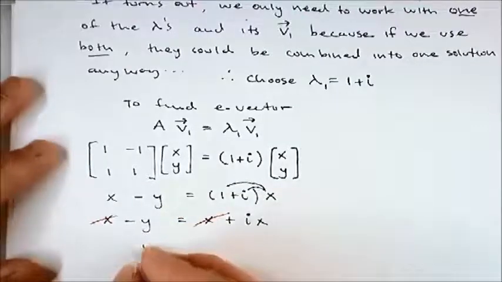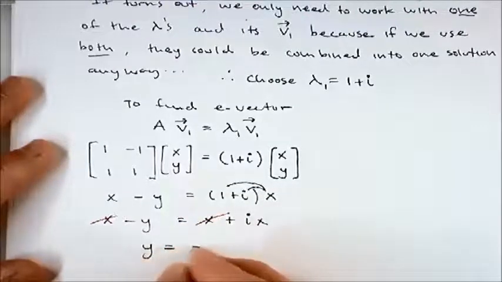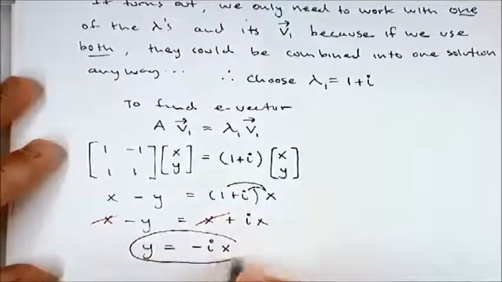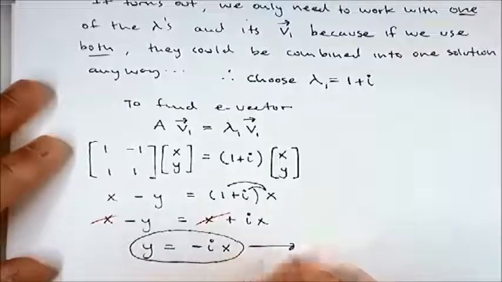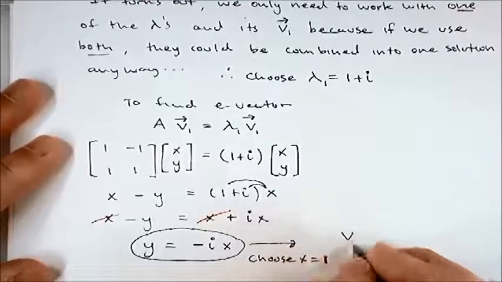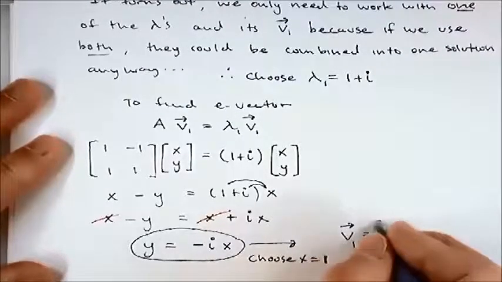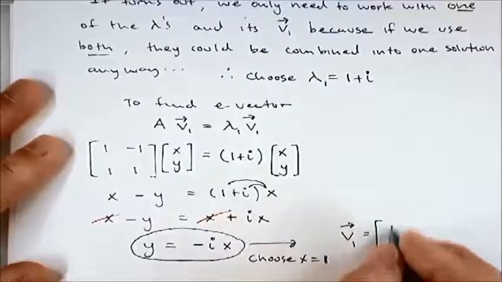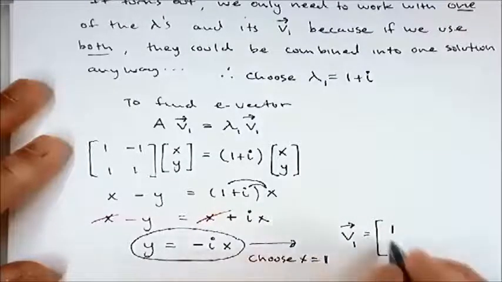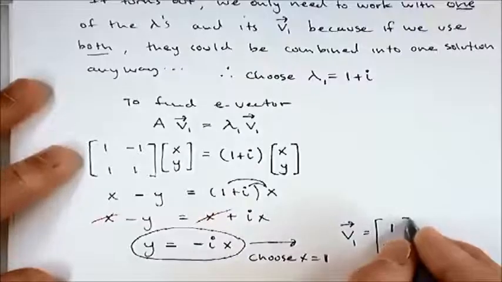So if I solve for y, I end up getting y equals negative I times x. With that information, what I would do is choose x to be 1. And I get my vector. If x is 1, then y will be negative I times 1, which is negative I.